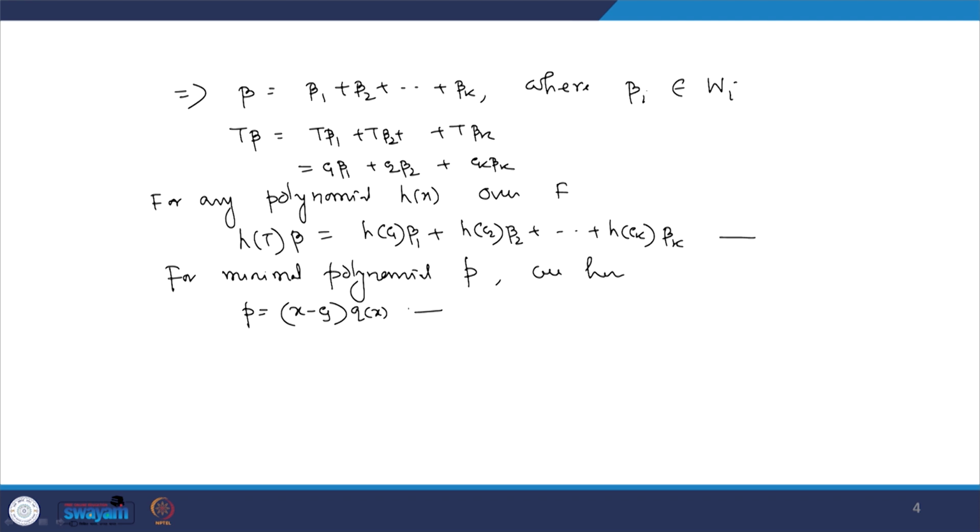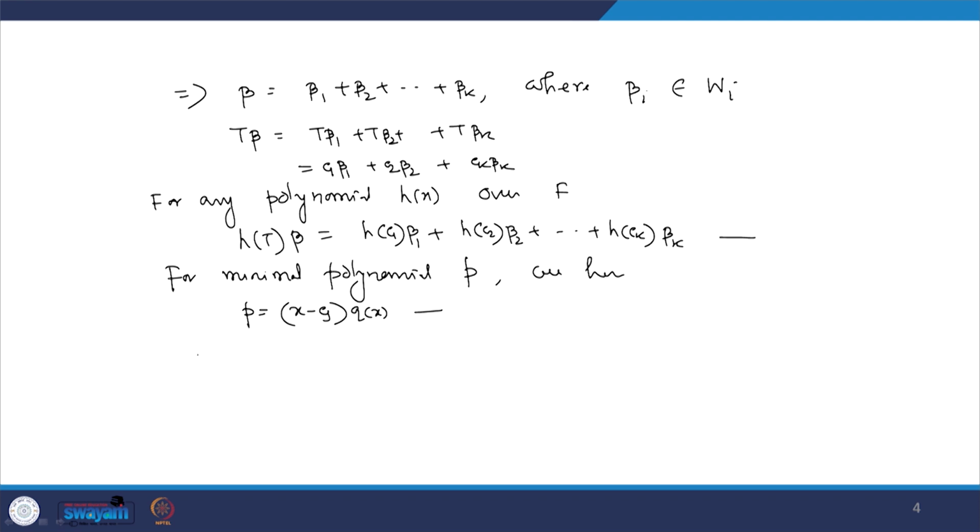Based on our hypothesis, I will get a contradiction by proving that x minus Cj is a factor of Q of x, so that our hypothesis that T is not diagonalizable is wrong. Okay. So, P equal to like this.